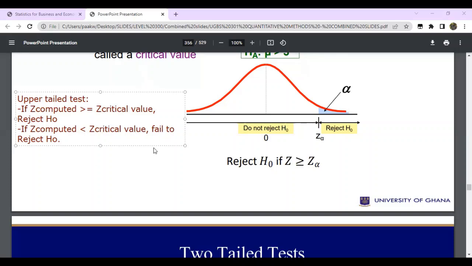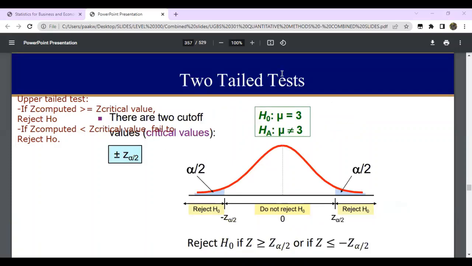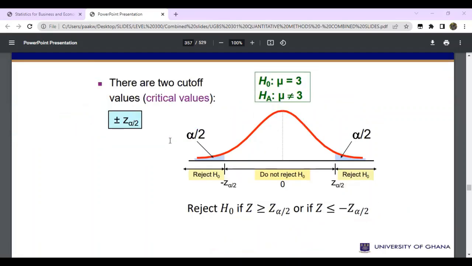So let's move on to the two-tailed test. With the two-tailed test, after formulating your hypothesis, you see that mu is equal to a certain number. That one, you divide your alpha by 2.